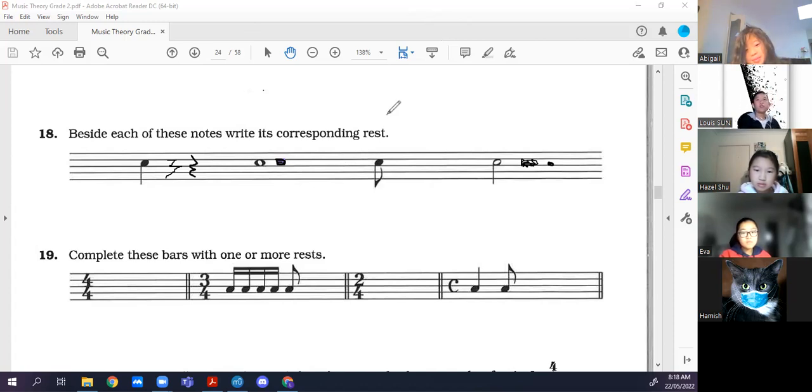Hazel, have you figured out how to draw on the screen yet? Oh, there we go. Yep. So if you think of a 9 and you color it in, that would look roughly right. Like a 9, color it in.